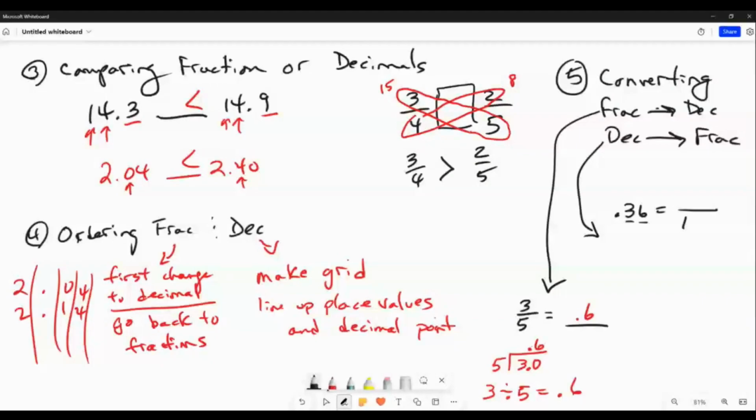And then we look at how many decimal places there are. Since there are 2 decimal places, I need 2 zeros. And then we write that number on the top, 36, not 0.36, 36. And then if it will reduce, in this particular case, you can divide 4 into 36, and you can divide 4 into 100. And 36 divided by 4 is 9. 100 divided by 4 is 25.